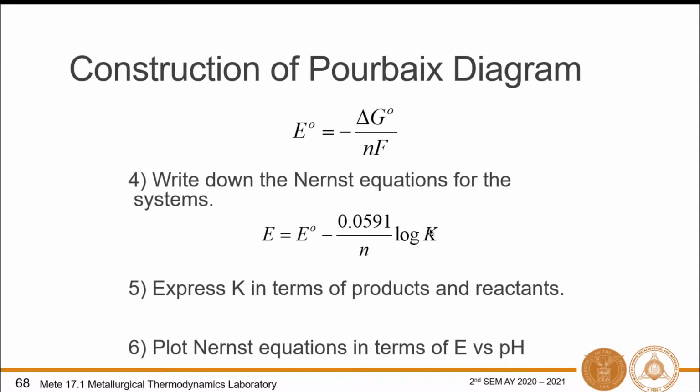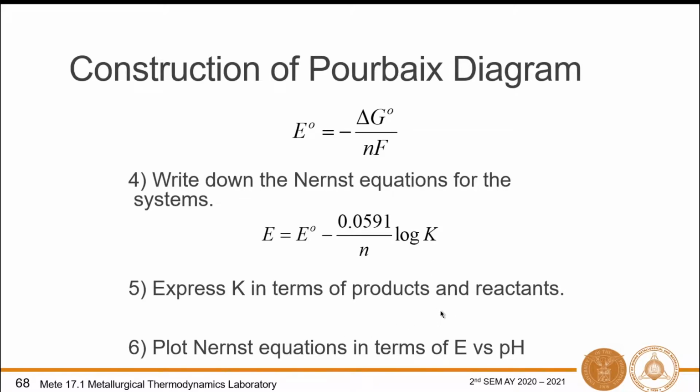So one of the terms will simplify into pH, and the EH term will be the y value, and the pH will be the x value. The others will just become constants, coefficients, or slopes. Later I'll show you more of how it will look.